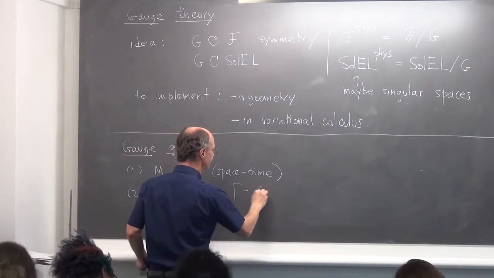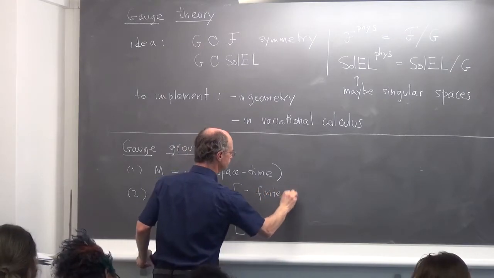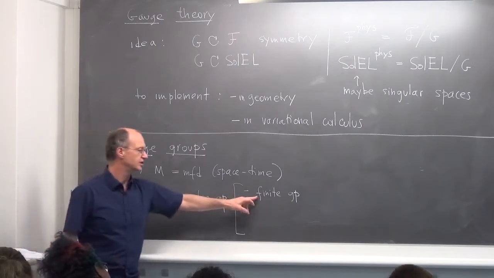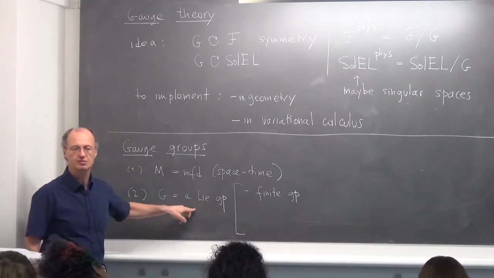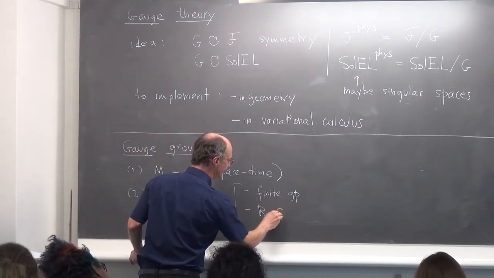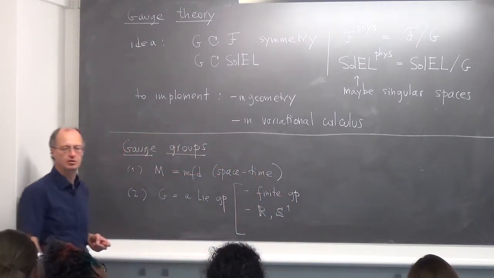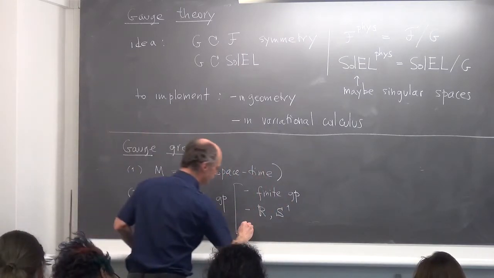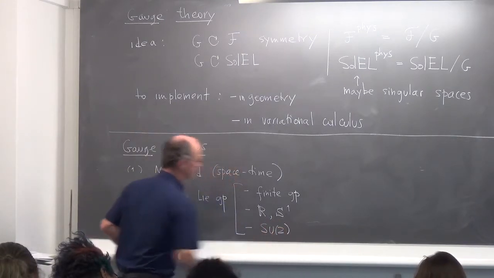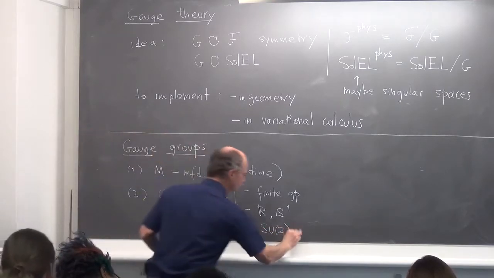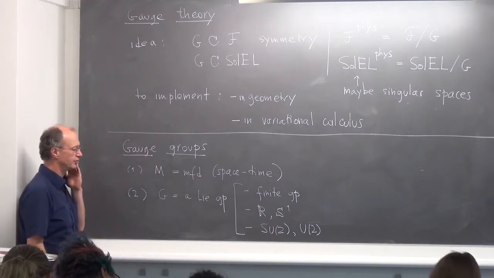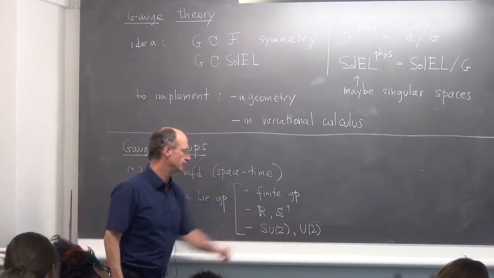Our examples of Lie groups will be as follows. We'll discuss some very simple and in some way somewhat singular case of finite groups. So sometimes our groups will be finite groups. Or we'll discuss our favorite examples, R or S1. And as an example of a non-abelian group, we'll be looking typically at SU2 or maybe at U2, unitary groups of 2 by 2 matrices, determinant 1, or maybe determinant arbitrary.